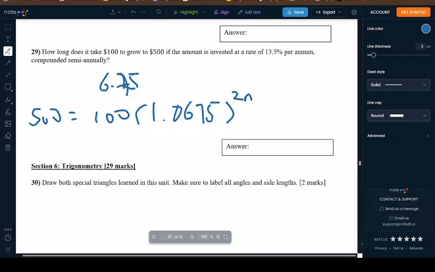Alright, let's isolate. So 500 divided by 100, so 5 is equal to that, and then we take the log of both sides. I taught you that method because we're doing some AP stuff. So you will get an answer of approximately 12.31 years.